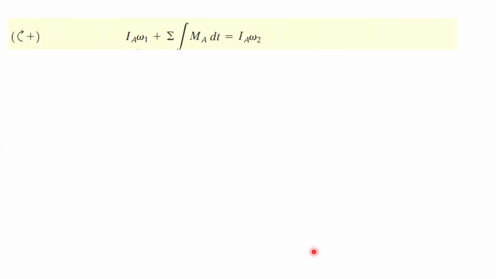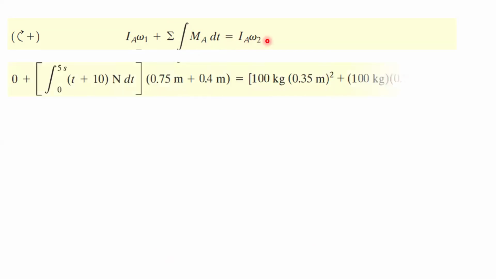So we say that the initial momentum plus the impulse is the final momentum. This is from 0 to 5.